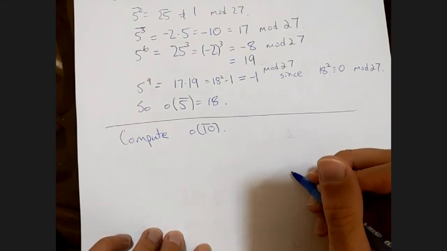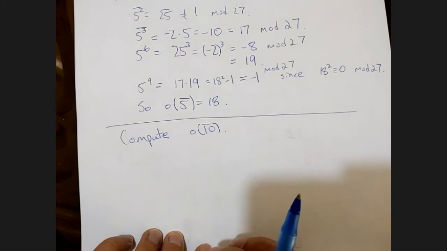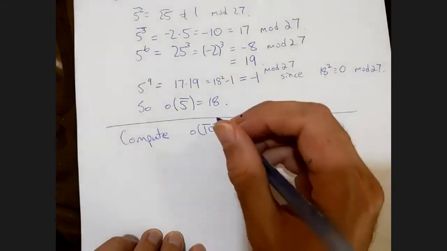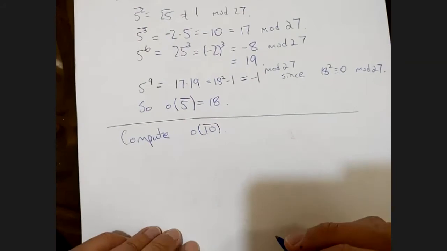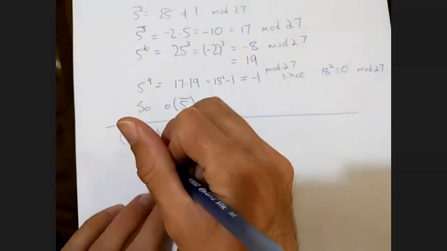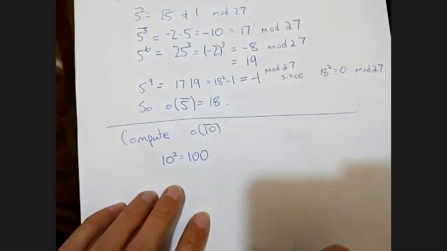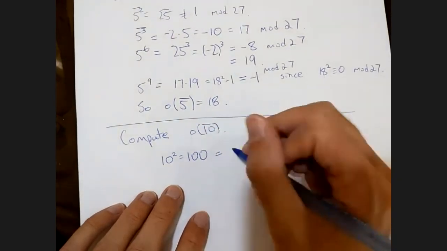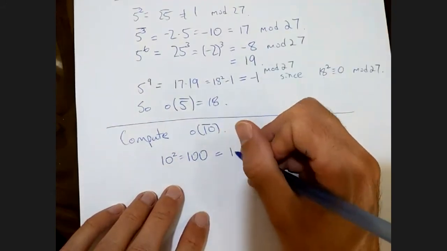So we just have to compute 10 squared, 10 cubed, 10 to the 6th, 10 to the 9th. If one or more of those is the identity, then that will tell us what the order is. If none of those are the identity, then the order has to be 18. Okay, so let's just compute. 10 squared is 100. Mod 27, 3 times 27 is 81. So that's 19.